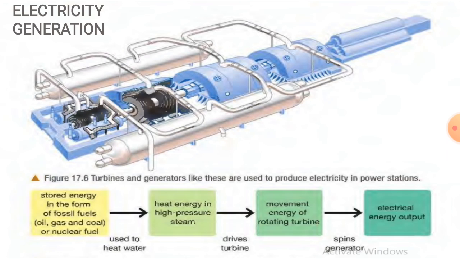This high pressure steam then drives the turbine, which rotates the generator which has the magnet, and when this generator rotates, it produces electricity. This is how electricity is generated.